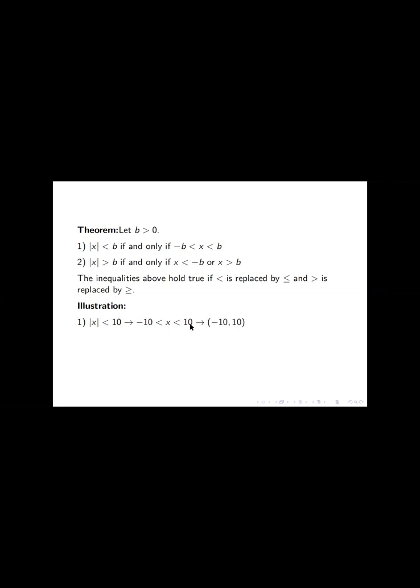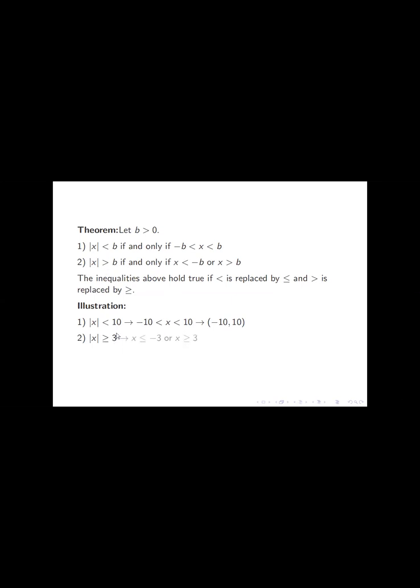Or we just write that x should be in that open interval from negative 10 to 10, open because this is a strict inequality. It will be a closed interval if the equality was included here. Now, the absolute value of x is greater than or equal to 3. Type 2, greater than. So it should be outside negative 3 to 3.